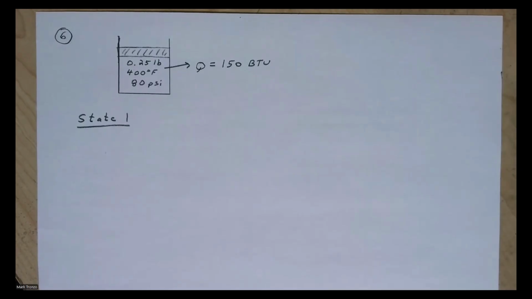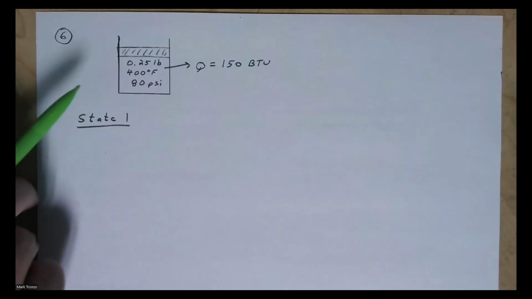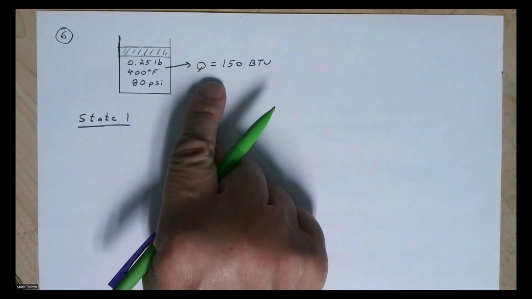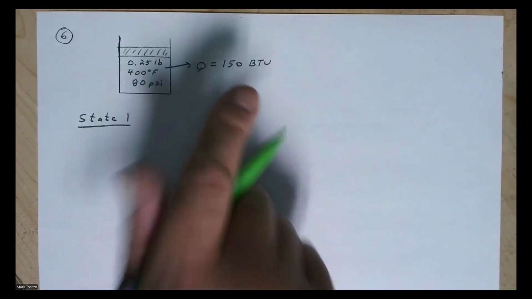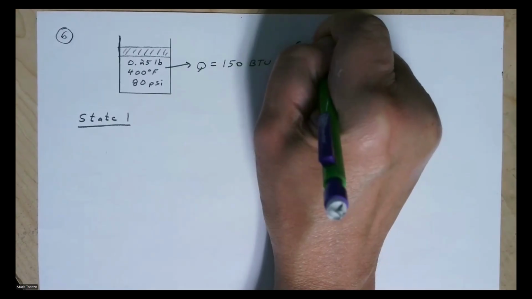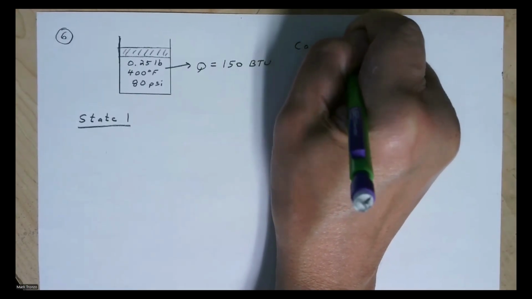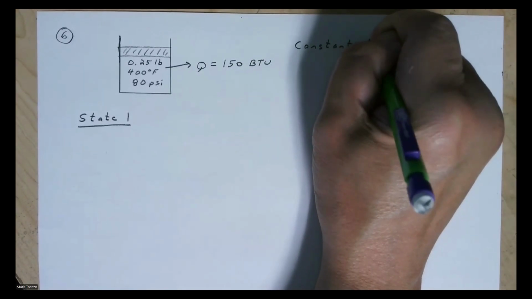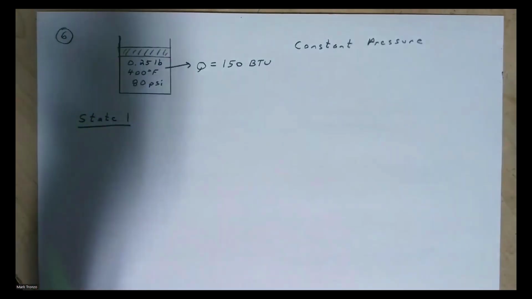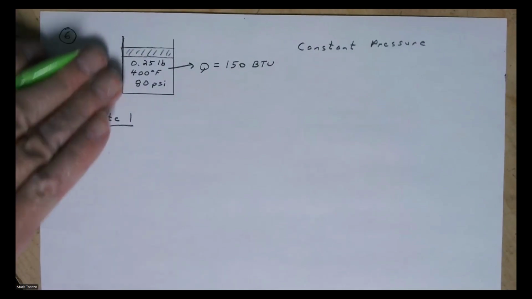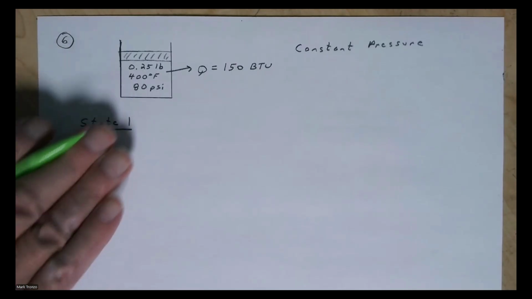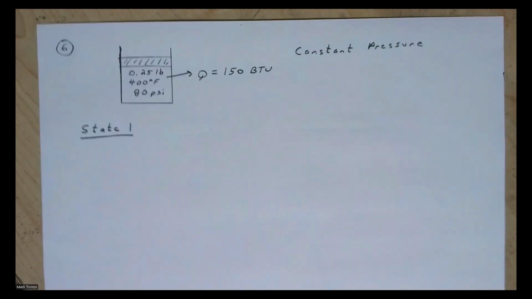So we'll take a look at this. Once again, we have a constant pressure, no additional work, and again, we're removing 150 BTUs. There's no work besides just the work of that piston moving up and down, and that's only caused by the heat being removed.